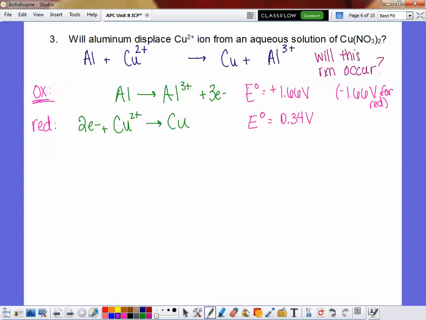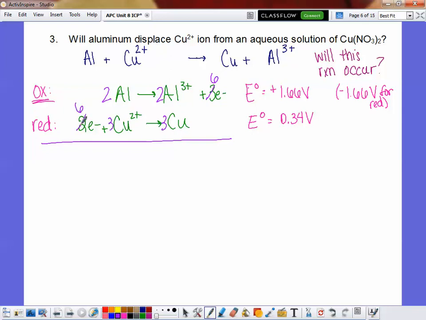Okay? So to find the E of the entire cell, let's balance out the equation. In order to balance that out, what do we need to do? Top needs to be multiplied by 2, and the bottom one needs to be multiplied by 3.